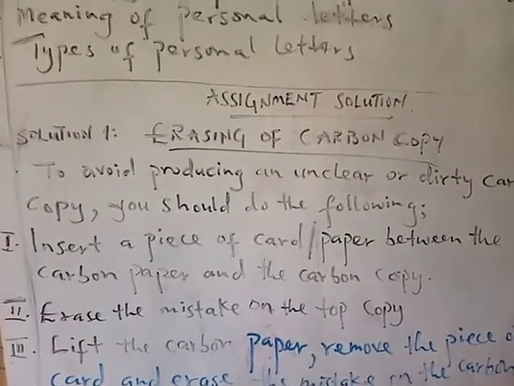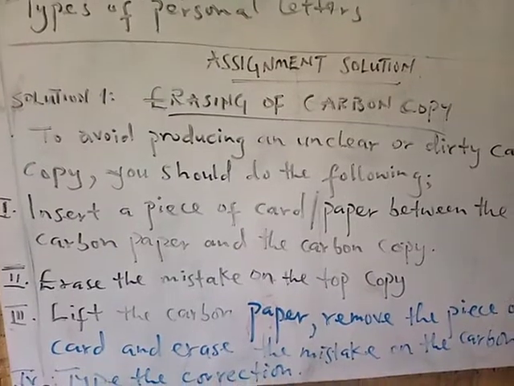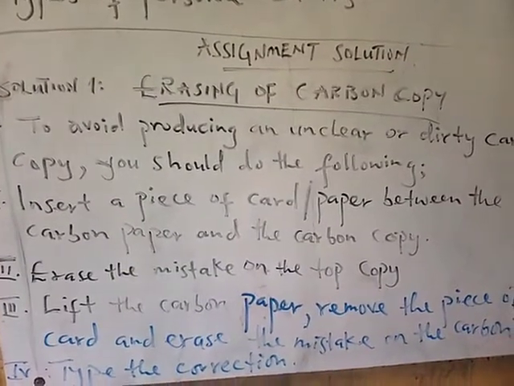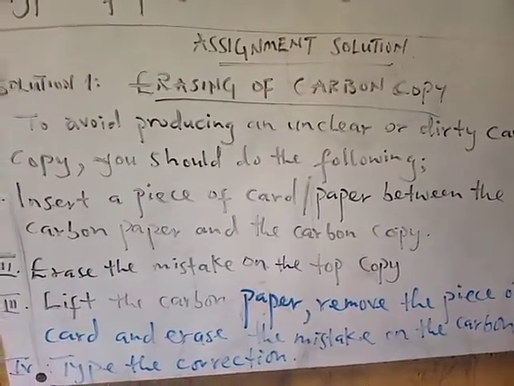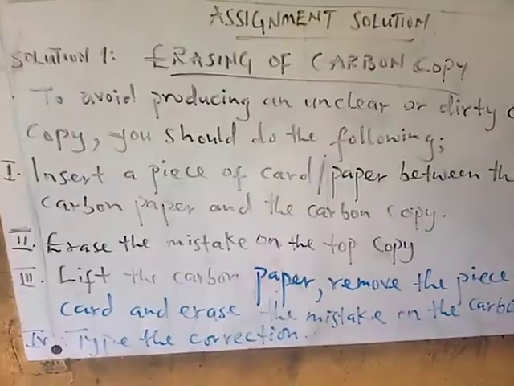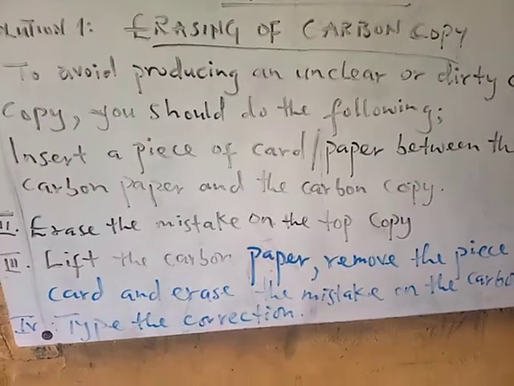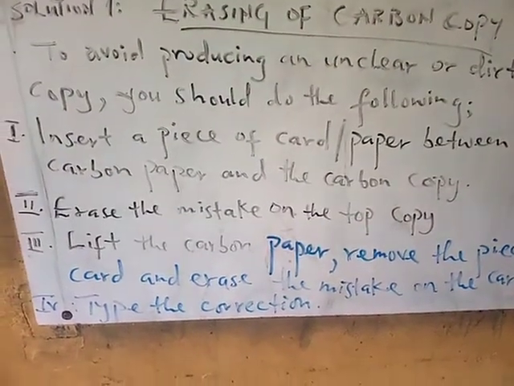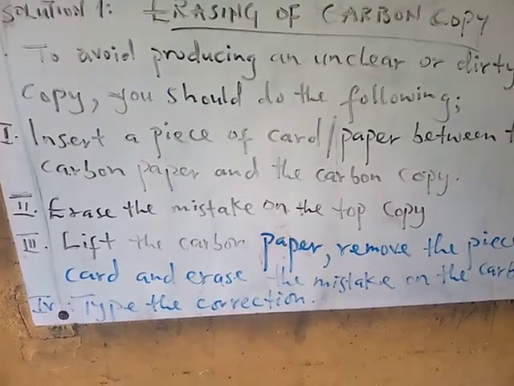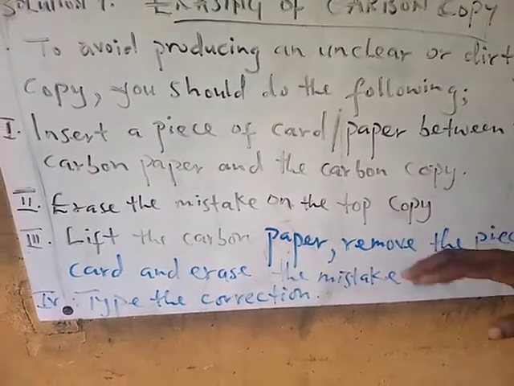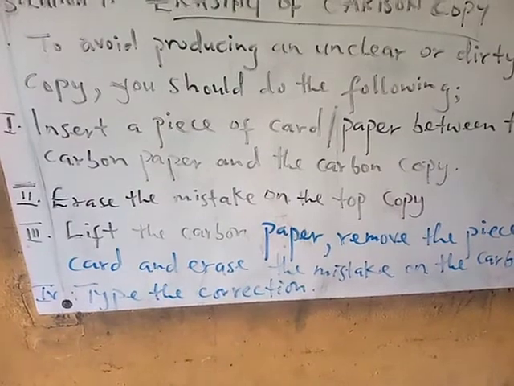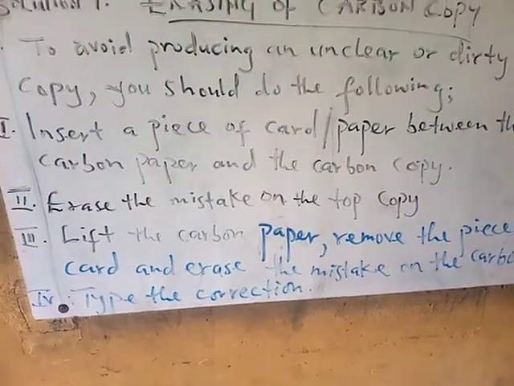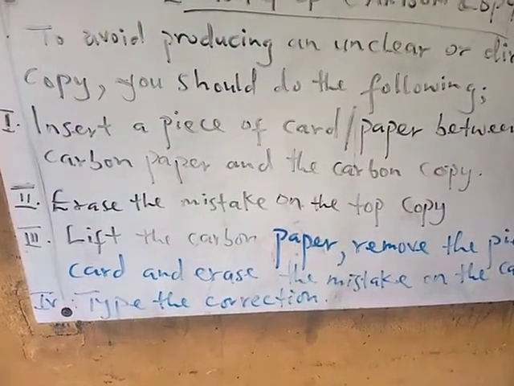Okay? The carbon paper and the carbon copy. So you insert a piece of card in between them. 2. You erase the mistake on the top copy, that's on the original receipt. That's how you erase the mistake.